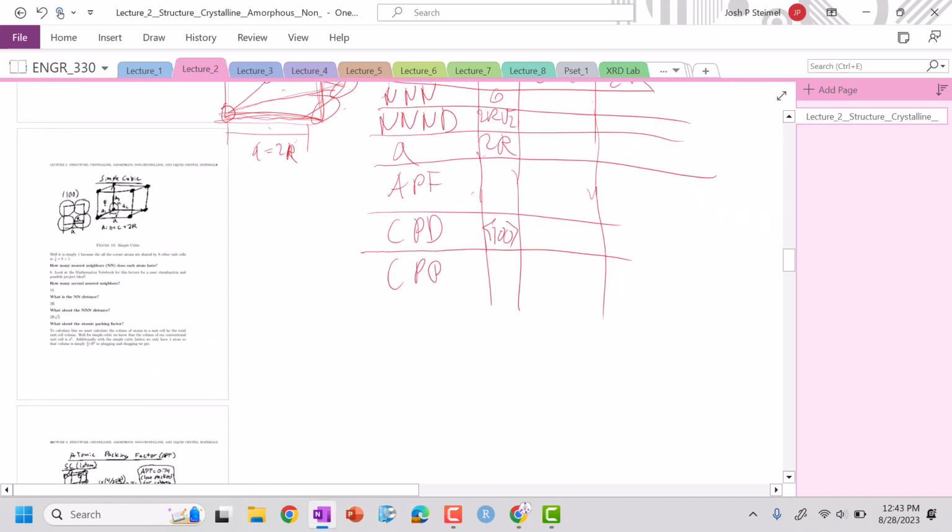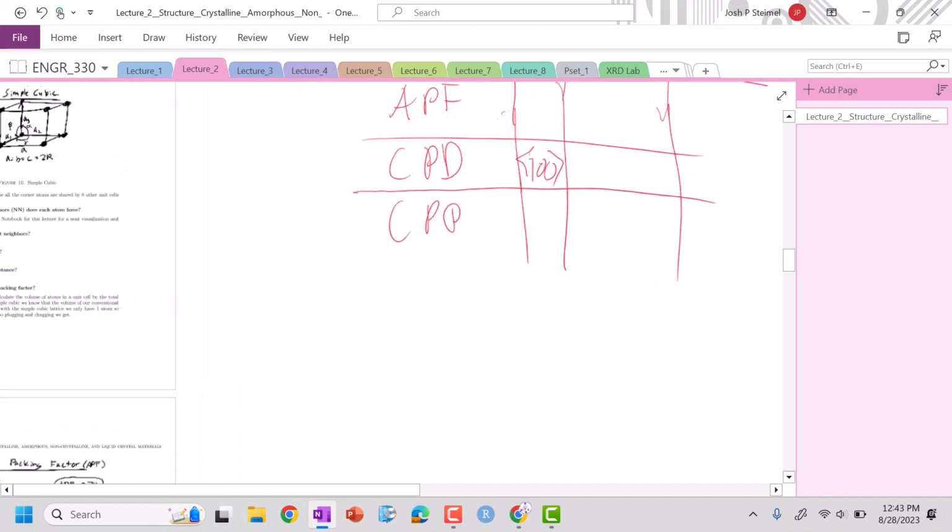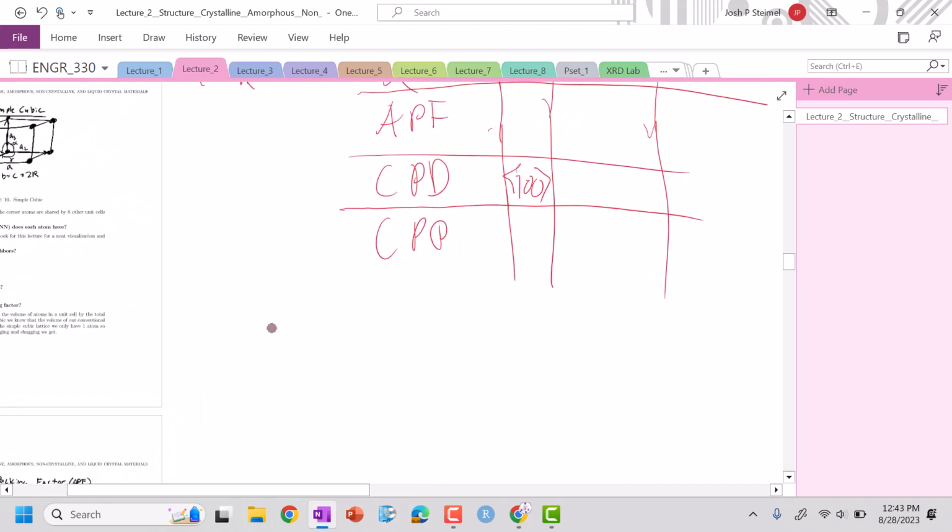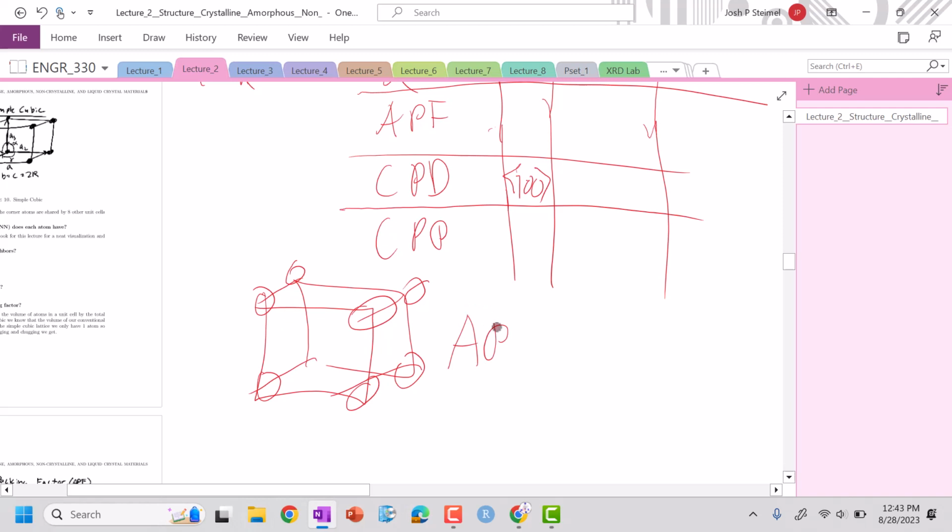Now, what about atomic packing factor? Atomic packing factor is basically you look at the cell, and APF is going to be equal to the number of atoms times 4/3 pi r cubed, because that will be the volume of a sphere.